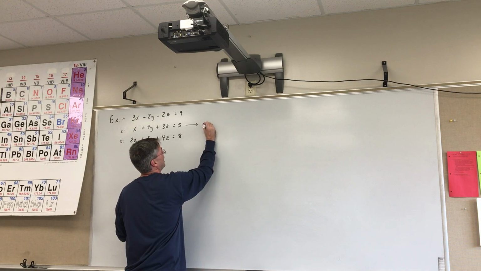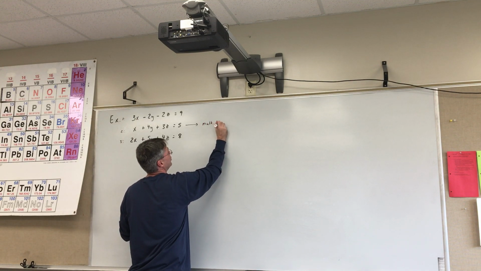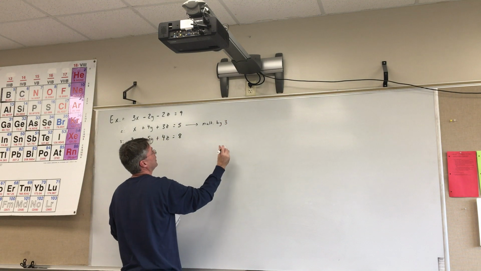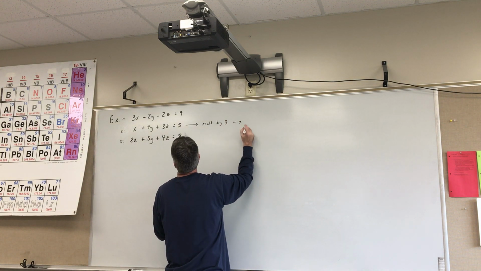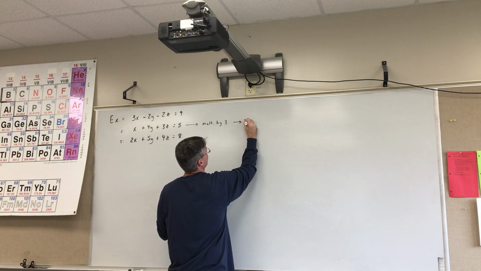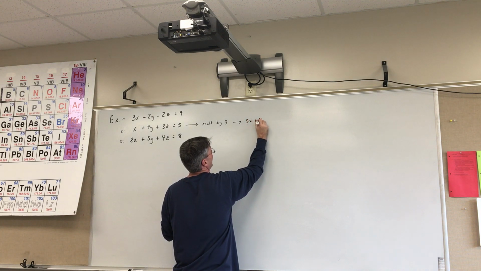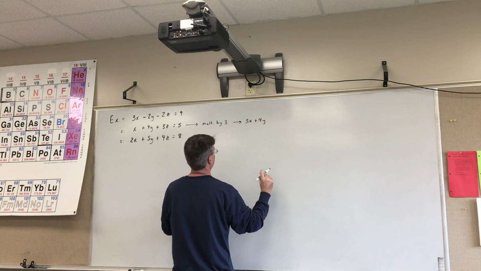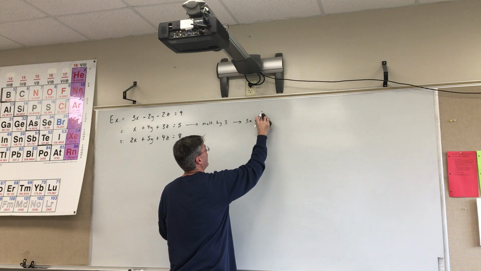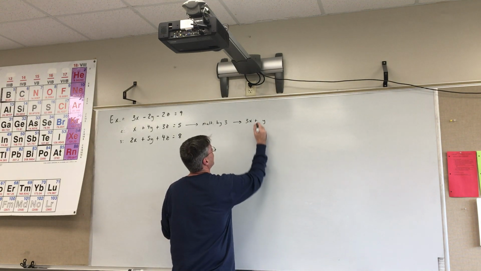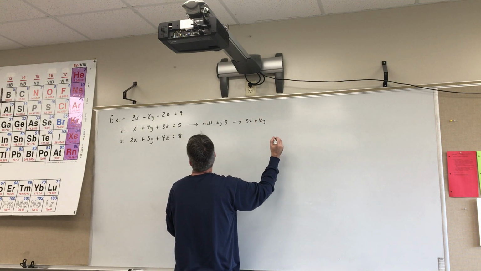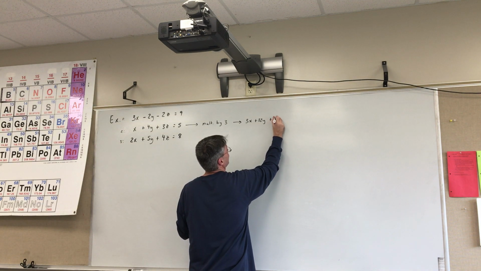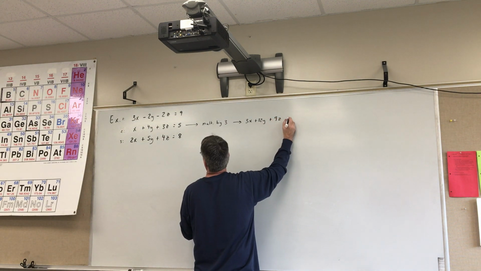So if we multiply equation 2 by 3, what you have is 3x plus 12y plus 9z is equal to 15.